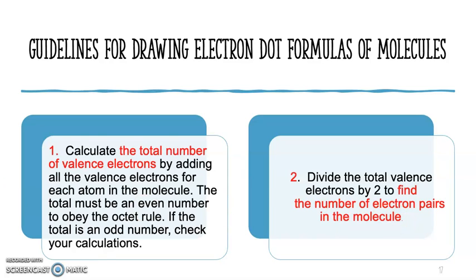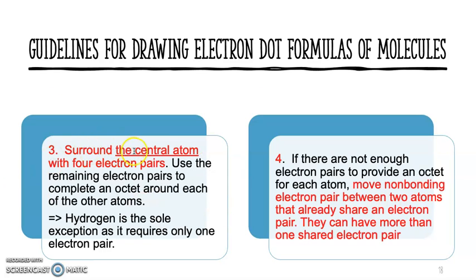Step 3: surround the central atom with 4 electron pairs. The central atom is usually the atom of the element with the least number of atoms. When I go over the examples, you can understand it better.